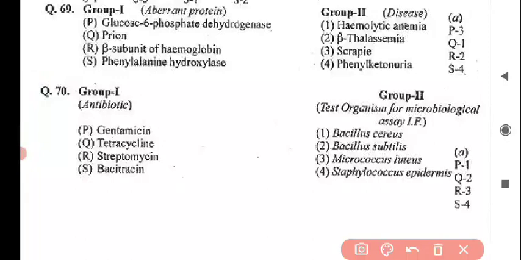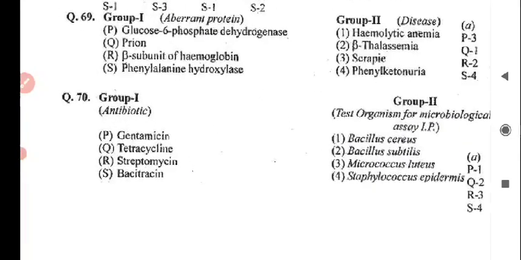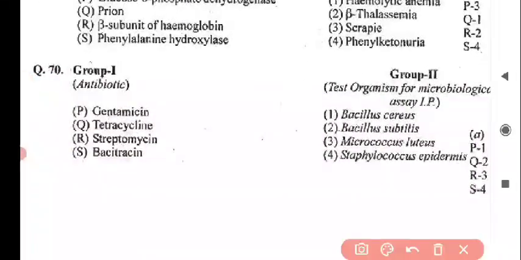So for the next question, the column 1 contains the antibiotic and the column 2 contains the test organism for microbiological assay IP. So for the first drug, gentamicin, the correct answer is option number 4, that is Staphylococcus epidermidis.